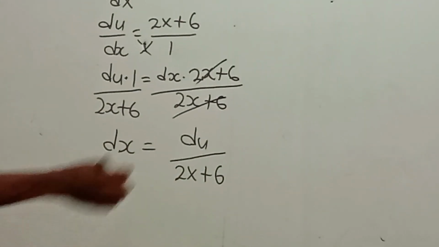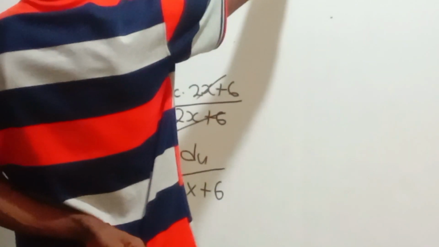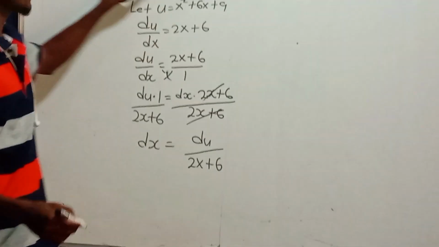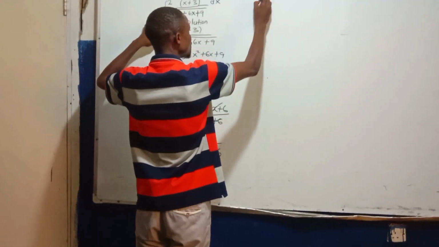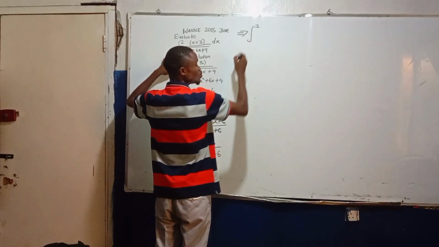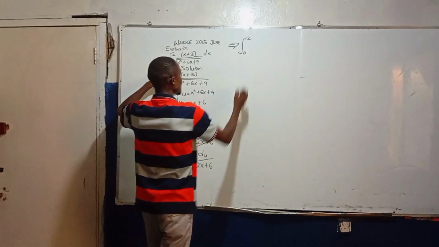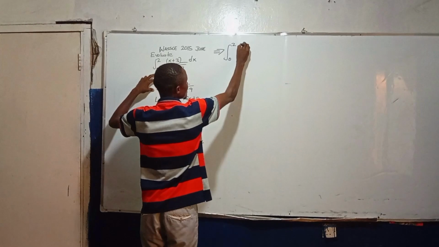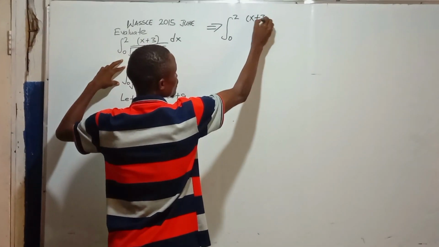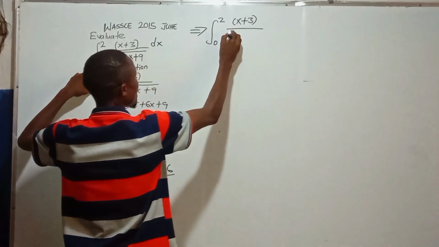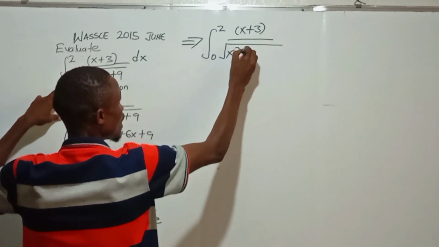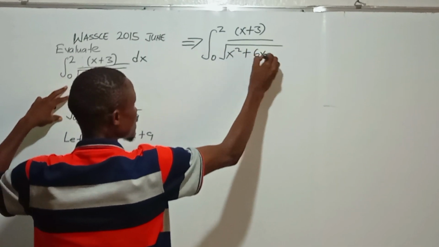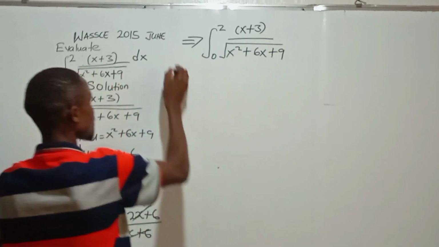Did we get it? So we recall from this question, the integral, we have 0 as the lower limit, then x plus 3 all divided by the square root of x squared plus 6x plus 9.